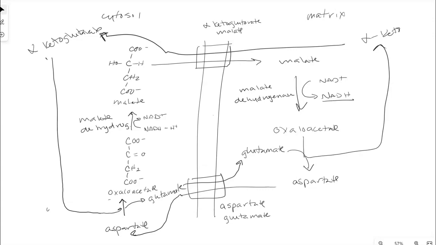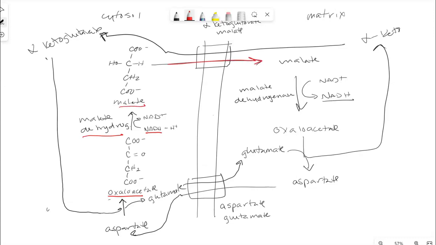Now, you're thinking, this is awfully silly. You don't have to have this completely memorized. The important aspect of this that you really need to focus on is the following. We have oxaloacetate. Oxaloacetate picks up NADH on the cytosol side via malate dehydrogenase, forming malate.